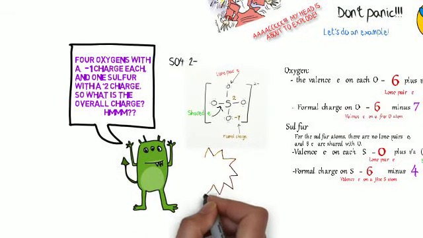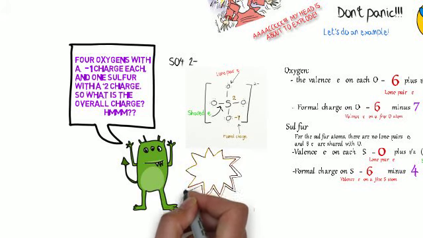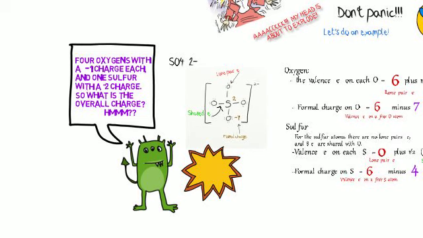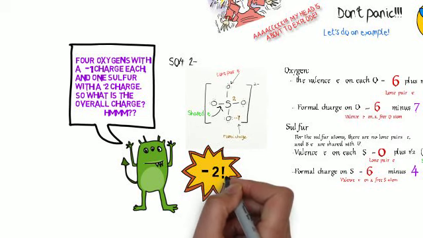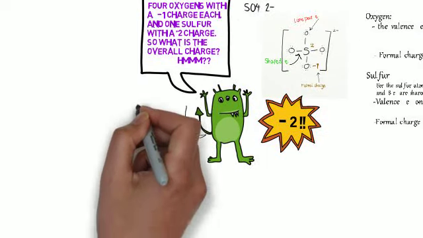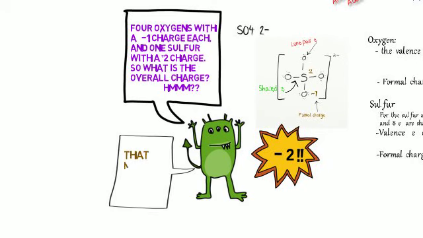You should be able to come up with it. And it is a -2. So that matches the overall charge on sulfate. It's a -2. Now, we haven't talked about resonating structures. There may be another way to write sulfate. That is in the next part.